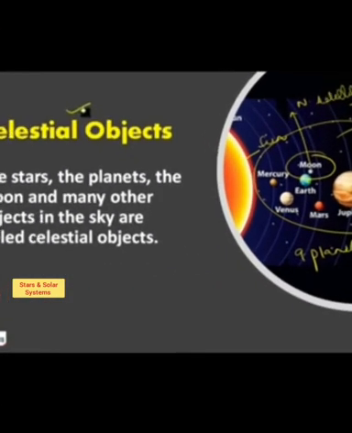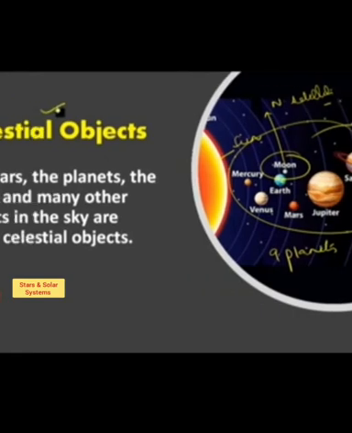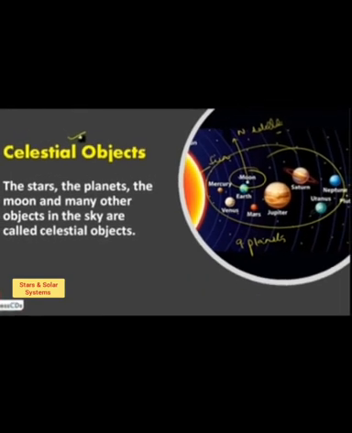Likewise, the first topic is celestial bodies. Now see what celestial objects actually are. The stars, the planets, the moon and many other objects in the sky are called celestial objects.